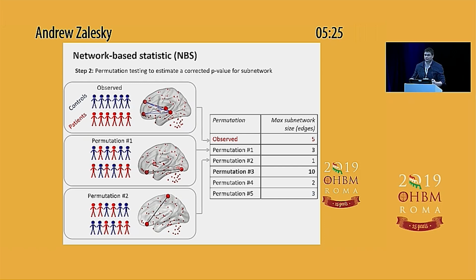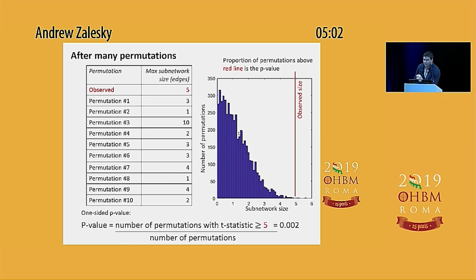We permute subjects and see, once we randomise subjects, what's the probability that the largest subnetwork that we find exceeds the size of the network that we found in our real connectome, and that was 5. We can see here that in most of the cases, well, we found one permutation where it was of size 10, but the other ones it was always smaller. In this way, we can build up an empirical null distribution for the largest connected component, and we can see that our observed component of 5 is quite rare.